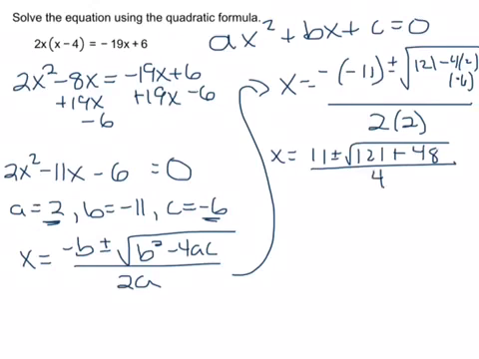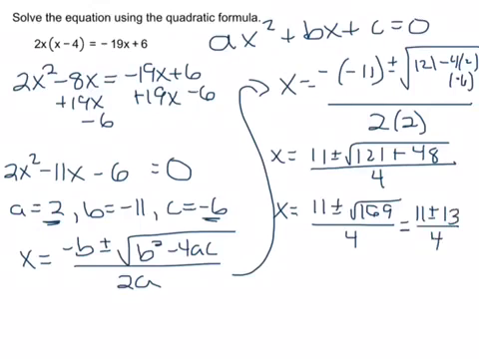Okay, continuing to simplify, that looks like the square root of 169. Oh, good, something nice. Square root of 169 over 4, because the square root of 169 is 13. So we've got x is equal to 11 plus or minus 13 all over 4.